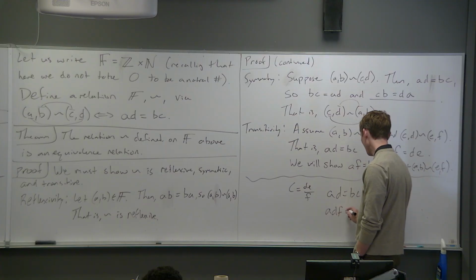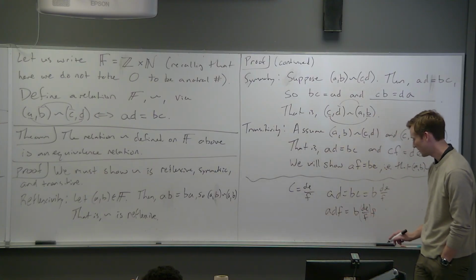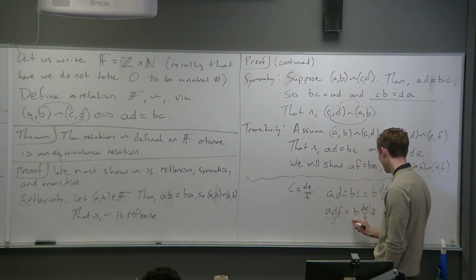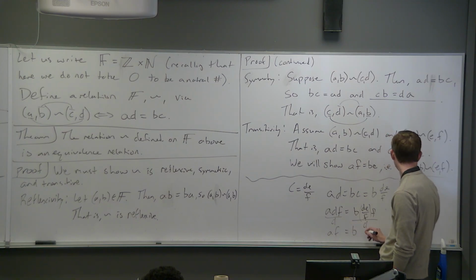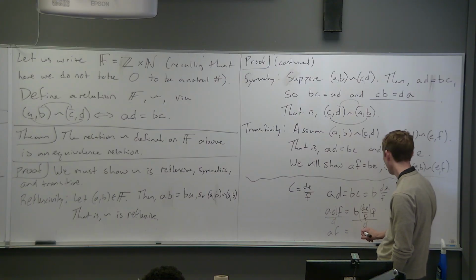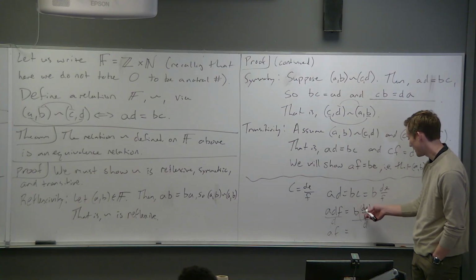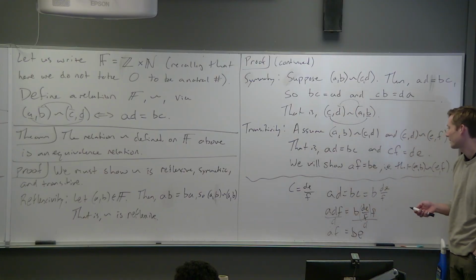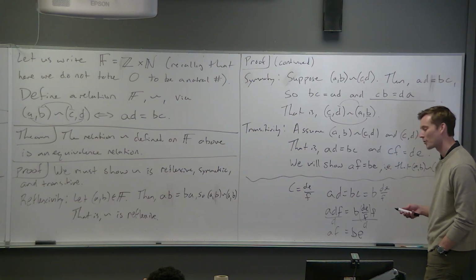So ADF is equal to BDE over F times F. And then if I divide by D's now, I would get AF equals B, sorry, I'm making a mistake here. So I cancel my F's, so I get AF. I have B, my F's will cancel out, BDE, but cancel the D's, so BE. Which is what I want. Okay, I think I'm seeing what you're saying. That's definitely a reasonable seeming approach.